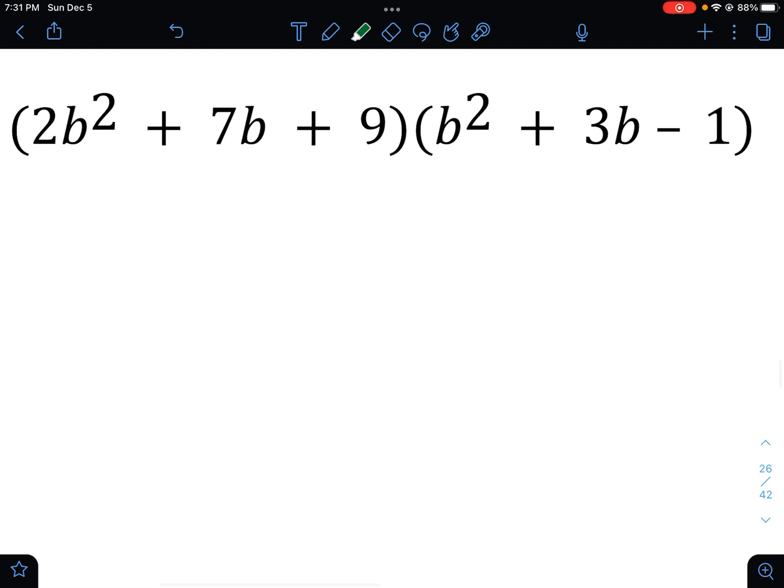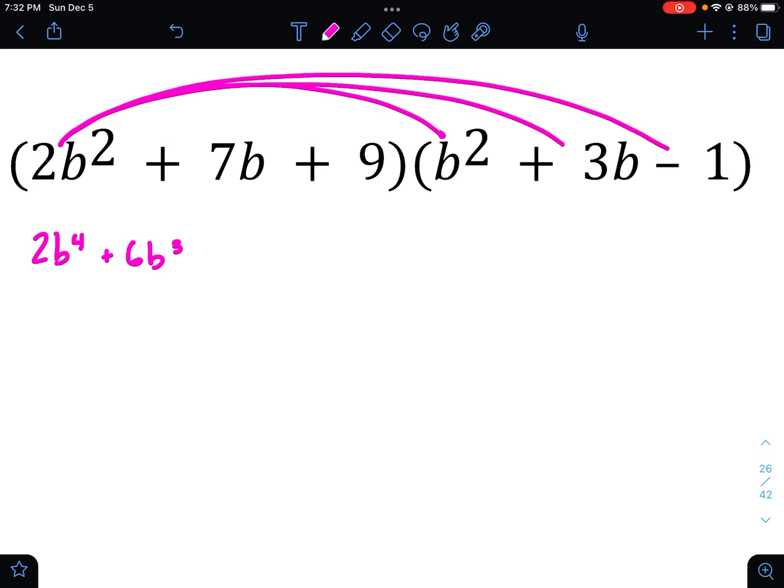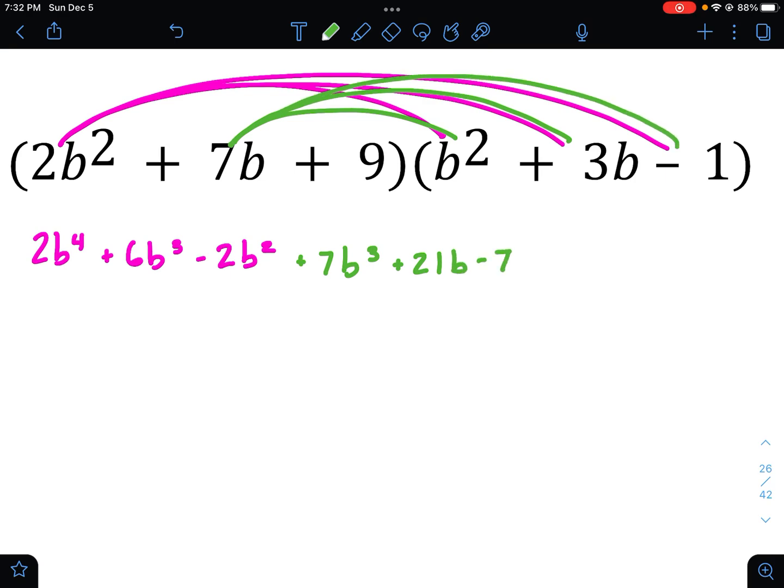All right, this is a big one. It's the same exact process, except instead of distributing 1 time or 2 times, we are now distributing 3 times. So we'll see if I can keep all this organized. This becomes 2b to the 4th plus 6b cubed minus 2b squared plus 7b cubed plus 21b squared minus 7b.